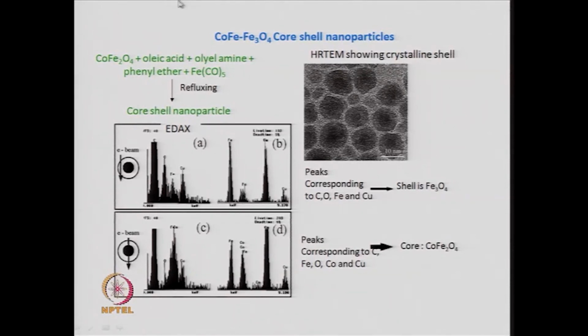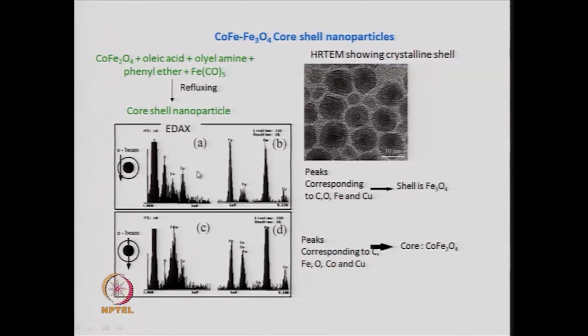When you pass the electron beam through the shell, you get a spectrum and you analyze the spectrum. This is the energy dispersive X-ray analysis, and you can identify these peaks as belonging to various elements. What you see here is copper, iron, oxygen, carbon.